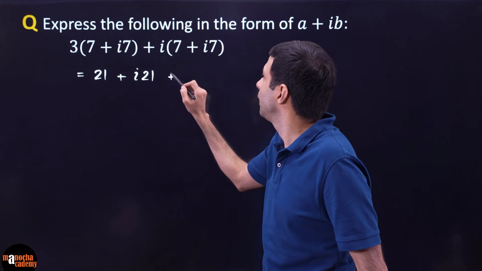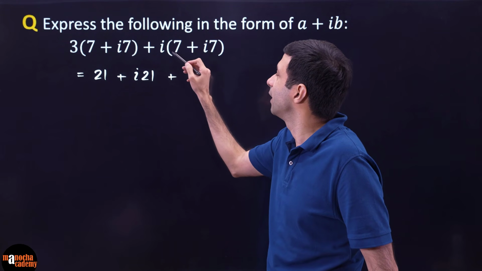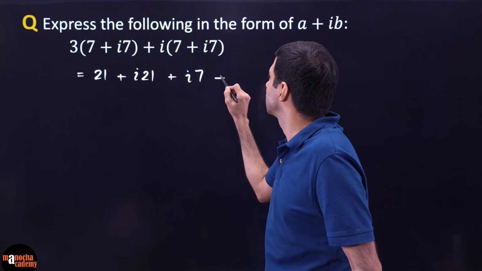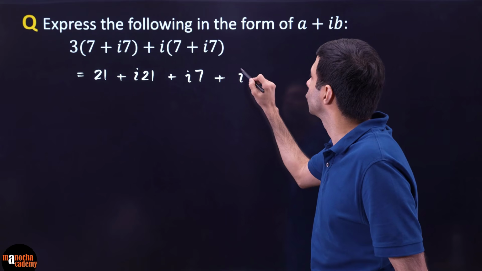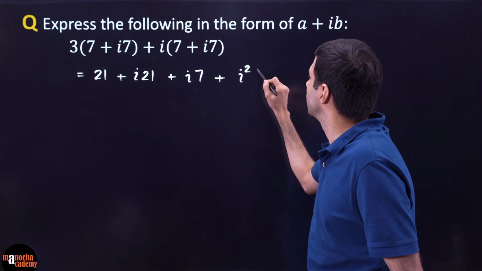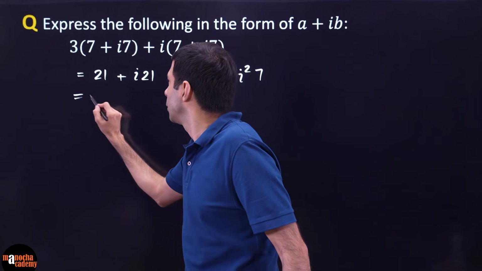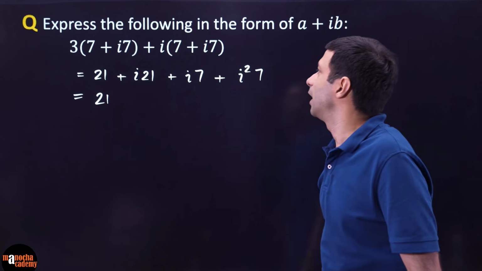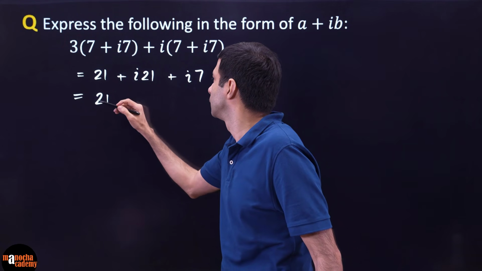The next one, I'm going to multiply it out here. Since i is there outside, we'll write it as i7 plus this will be i times i. So that's going to give me an i square here times 7. So finally, what do you get? Keep on simplifying. We are going to get 21 over here, and i21 plus i7 will give me i28.